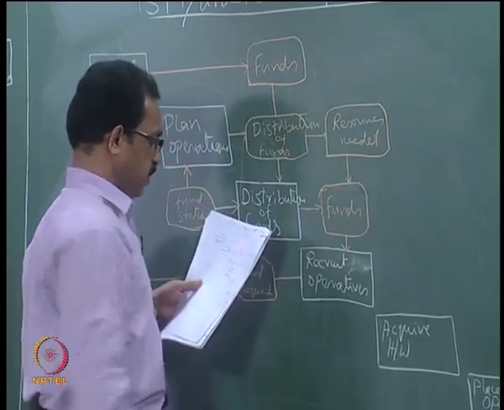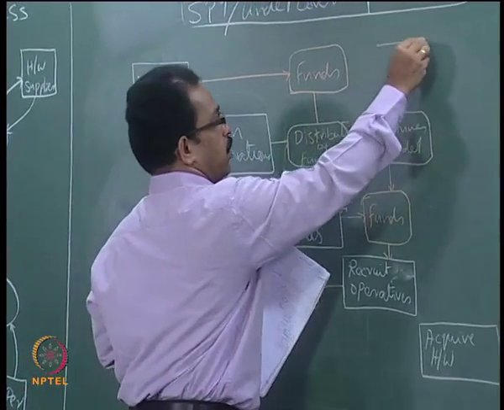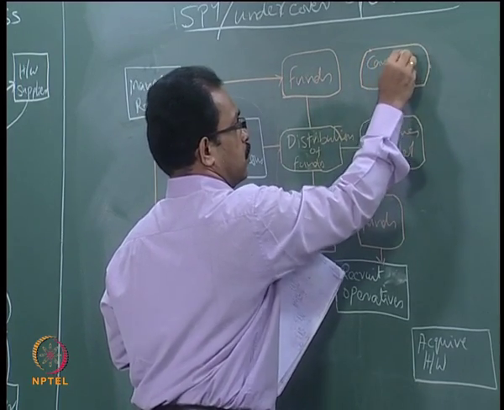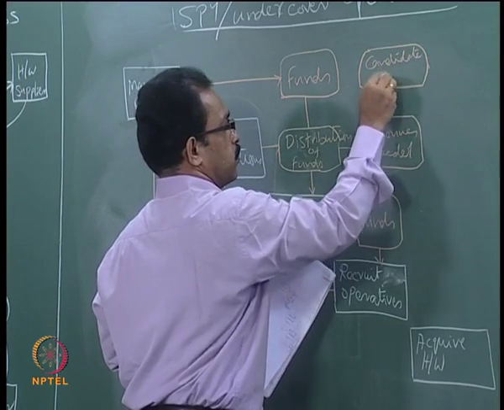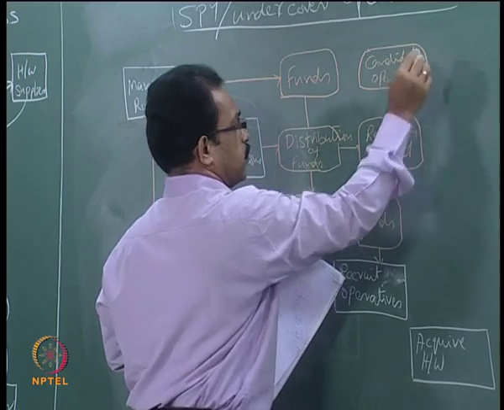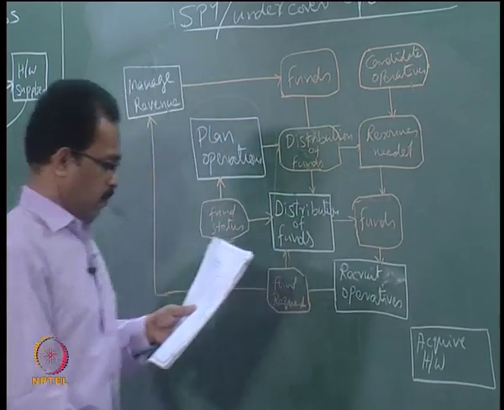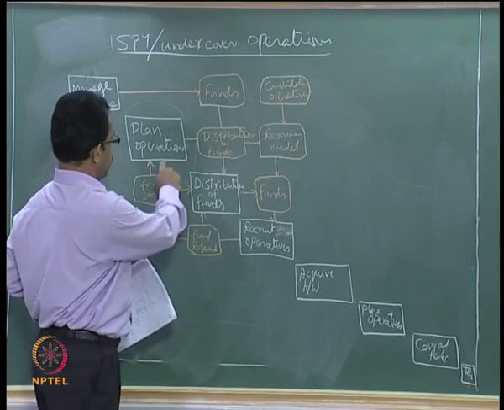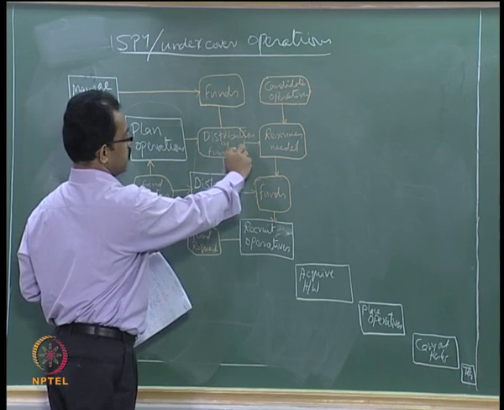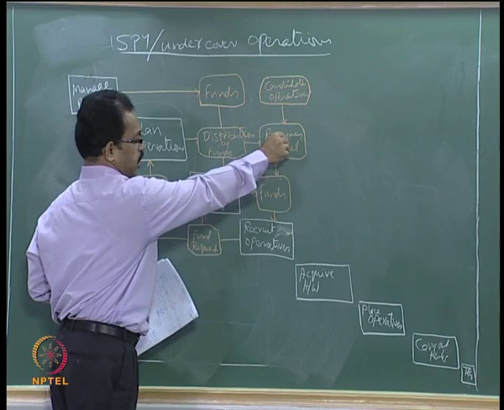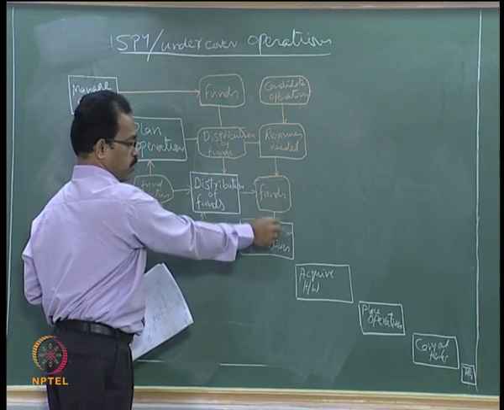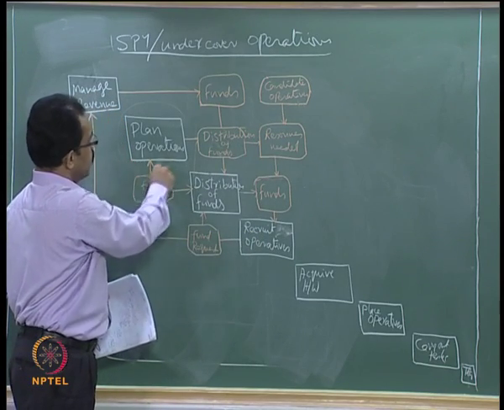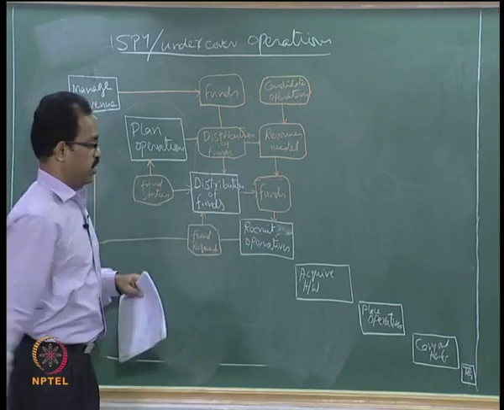And that will be informed here, and then the candidate operatives will be selected. Okay, so you can see here that the interaction for the plan operator is basically doing this distribution of funds as well as the resource requirements, and the funds will be provided to the recruit operation, and they will be doing all the recruitment operation. I can see that there will not be any interaction between the managed revenue and recruitment operation.